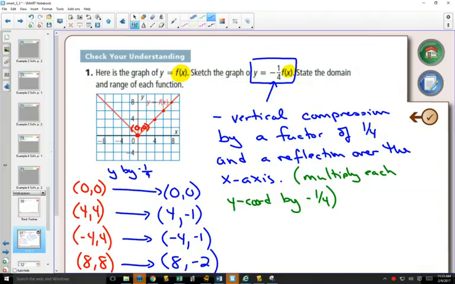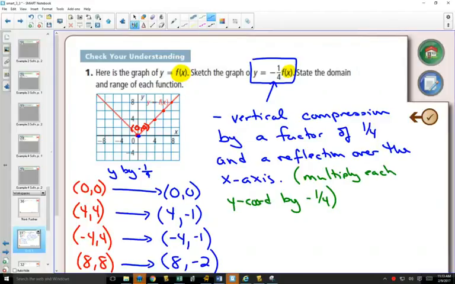You multiply 8 by -1/4, you get 8, -2. So you can take a number of points and you say to yourself, I notice that what's happening in my new graph is that I'm going to have a vertical compression by 1/4 and a reflection. I can do both of those together by just multiplying my y coordinates by -1/4.